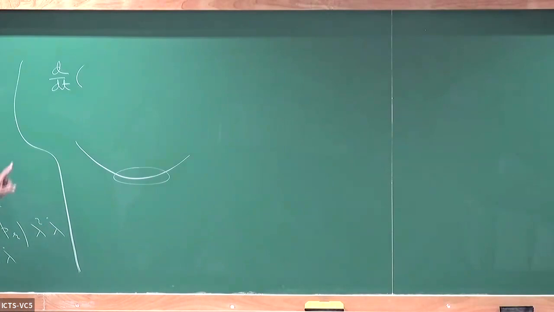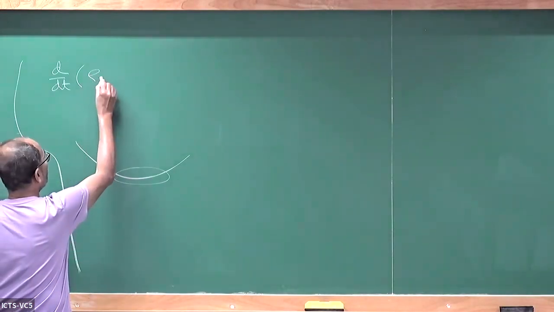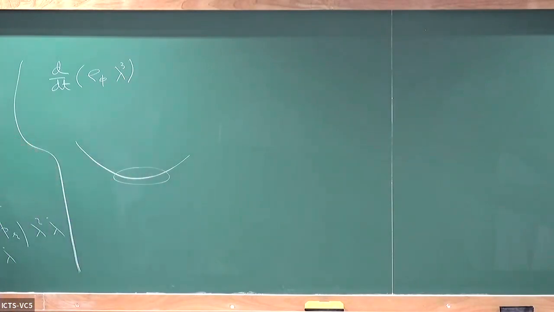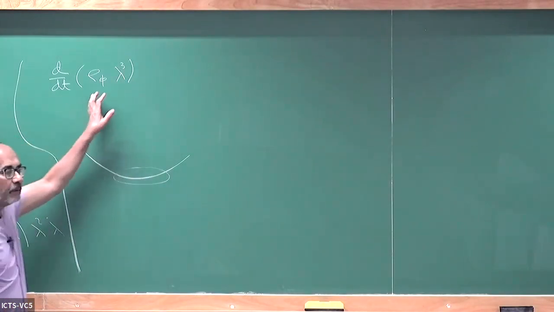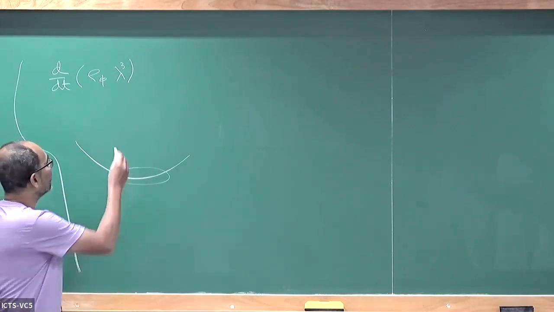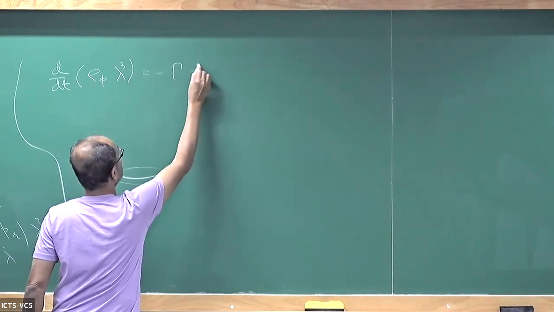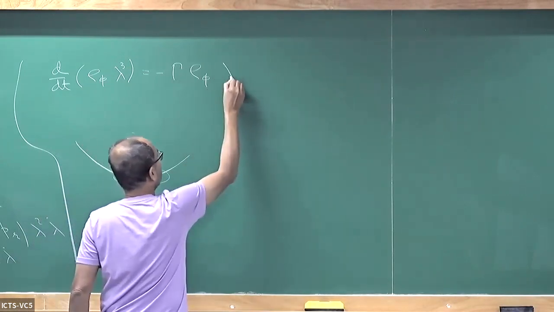Okay, so the second equation is how the energy density is getting transferred from the phi to radiation. And here I'll just use a simple equation, which is minus gamma times rho phi lambda cube.